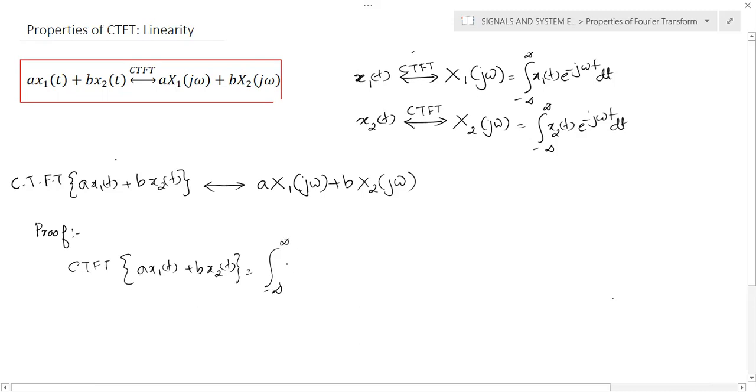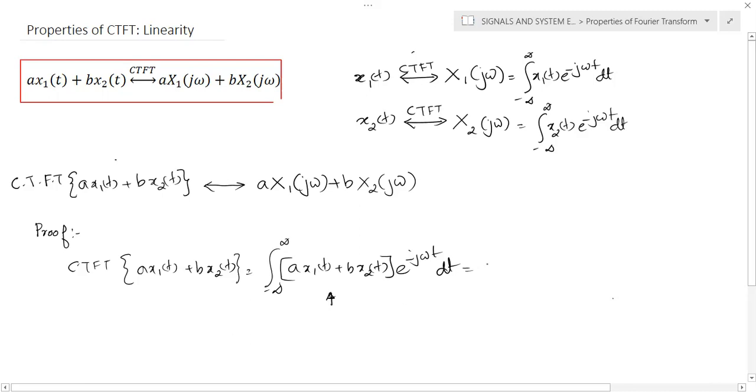Normally the formula is integral minus infinity to infinity x of t. In place of x of t, now it is a x1 of t plus b x2 of t, so you can substitute that. This is your new signal, into e raised to minus j omega t. This part is indicating the signal.